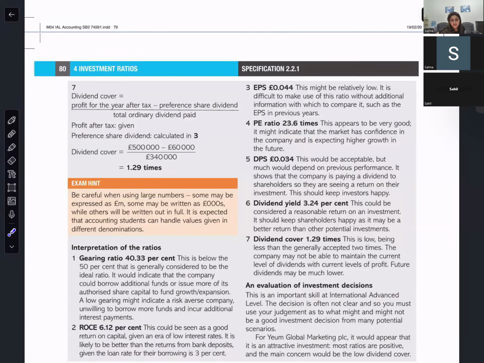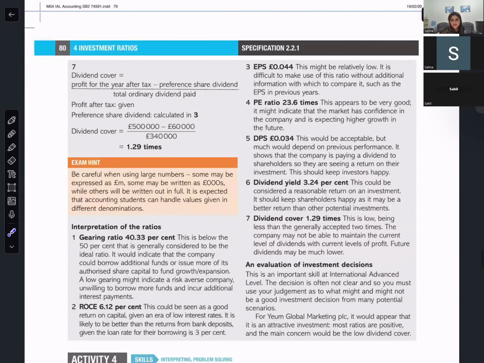That means your market has confidence in the company. That is why the company can charge 23.6 times more market price compared to its earning.